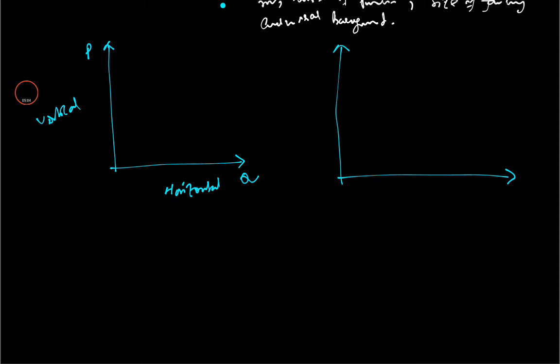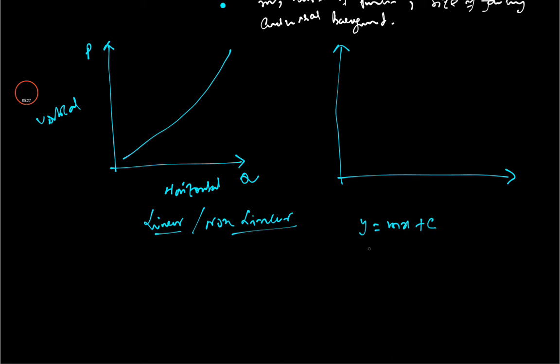Now whenever we draw a curve like this, remember that the demand curve need not be linear. It can be linear and it can be non-linear. What's the difference? If the curve looks like y equals mx plus c, for example p equals 2q plus 7, that's a normal linear curve. But if there is any square or cube or logarithm or e to the power x associated, that makes it a non-linear one.